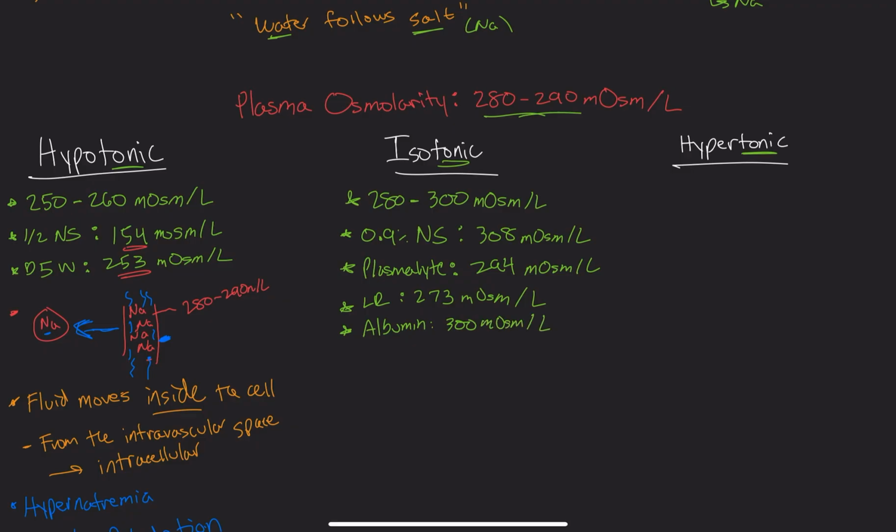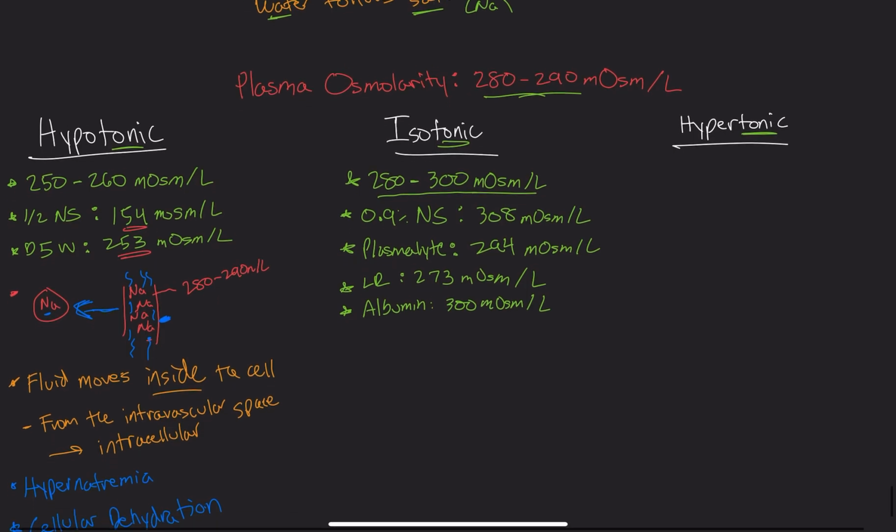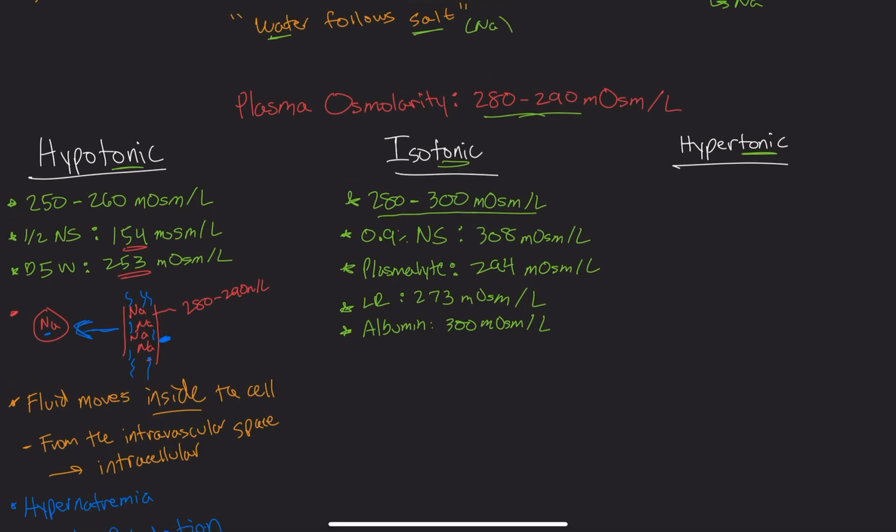So those are just some examples there. Isotonic fluids. Okay, now how isotonic fluids work is these do not create a gradient. So there's no major fluid shift either into or out of the cells, right?